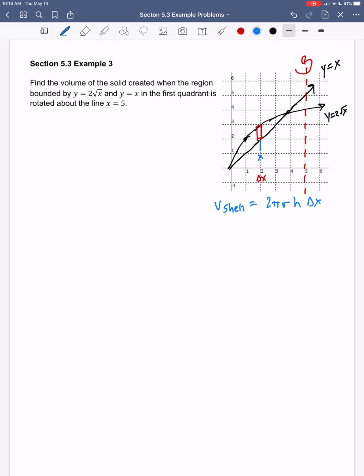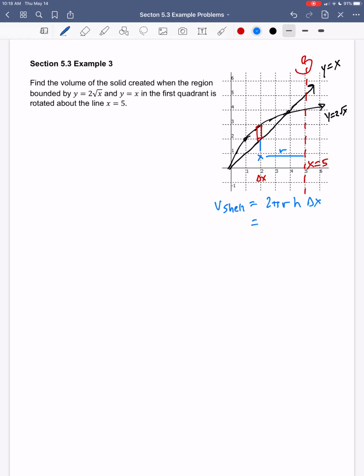For the radius, it's this distance here. It's important that I keep in mind that this is the line x equals 5. If I want to find this radius, it's a horizontal distance. To find a horizontal distance, I always take the right x-coordinate minus the left x-coordinate. The right x-coordinate here is 5. The left x-coordinate is just x.